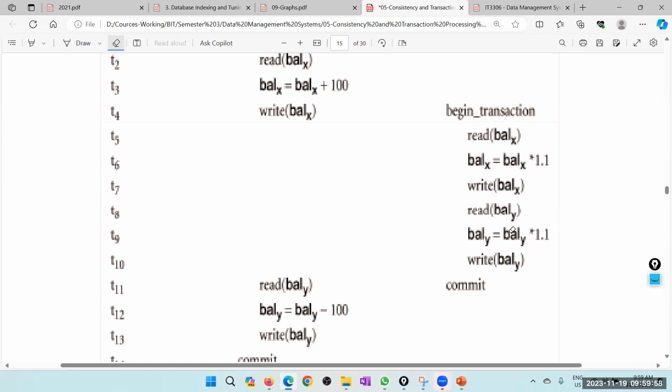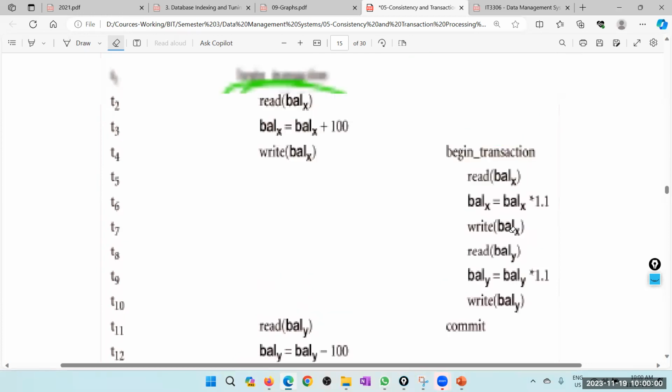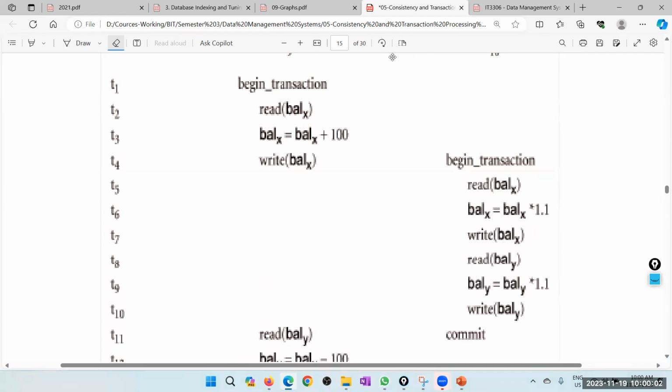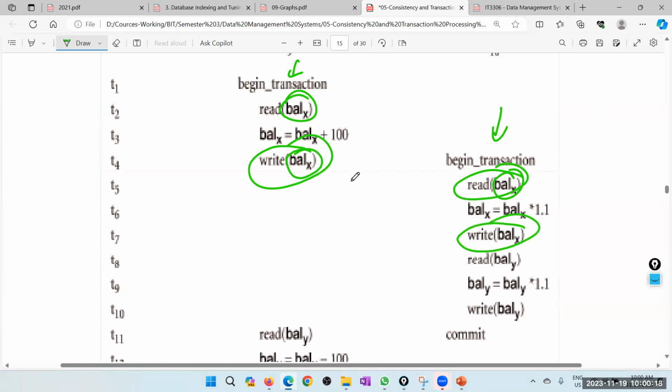So therefore, there's a possible conflict, because you can see these are two transactions, so they involve the same data, right? And one of the operations is a write. So this one is writing, this one is reading, and of course this one is writing also. Therefore, write-read is there, write-write is also there. The same thing happens to Y also.